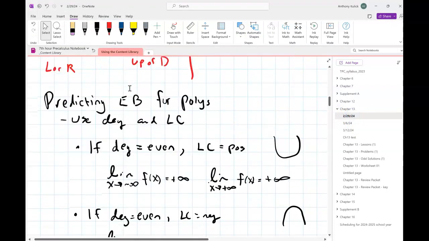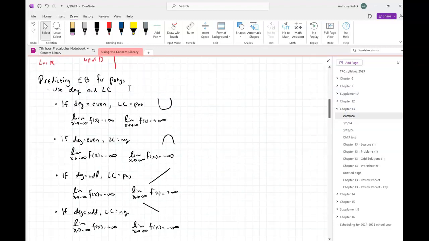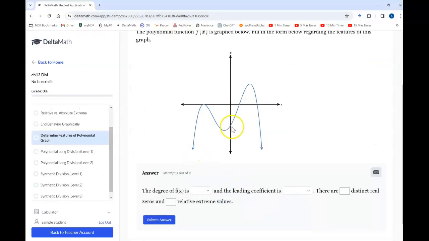It's the second half. So what you're using is this criteria here from the first set of notes. Both ends point up, it's even and the leading coefficient is positive. Both ends point down, the degree is even and the leading coefficient is negative, et cetera. So if I go back and look at this, both ends are pointing down, so I know the degree is even and the leading coefficient is negative.